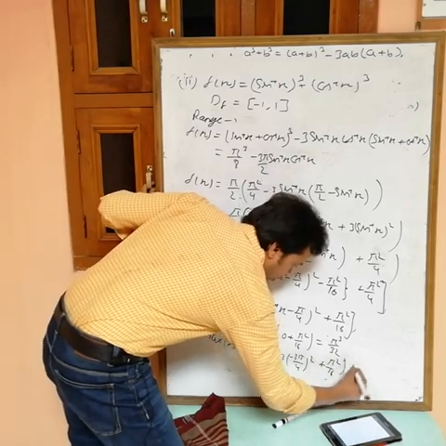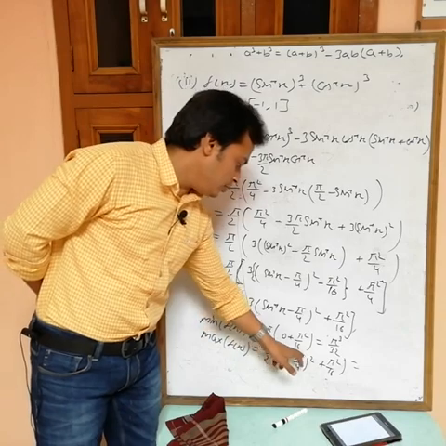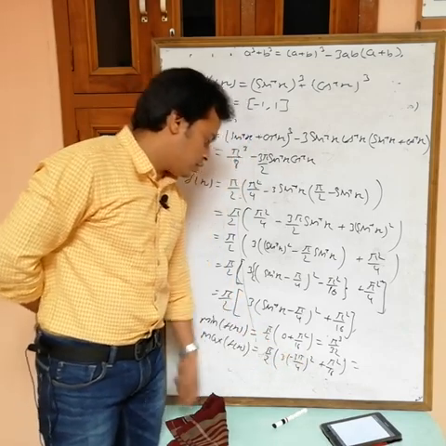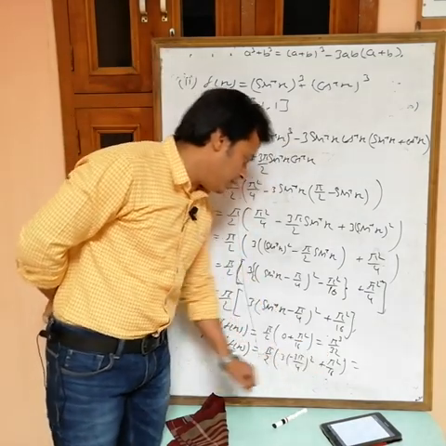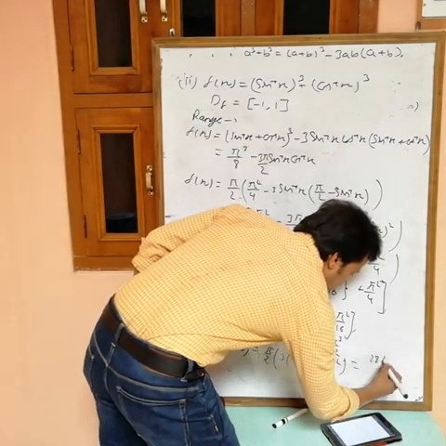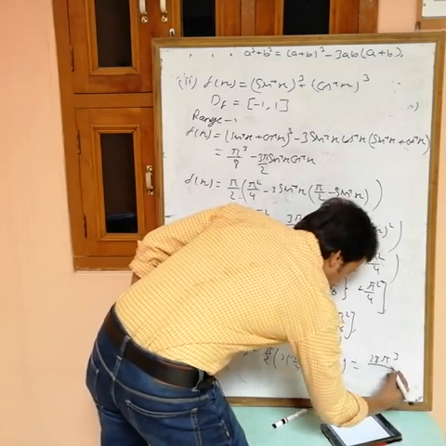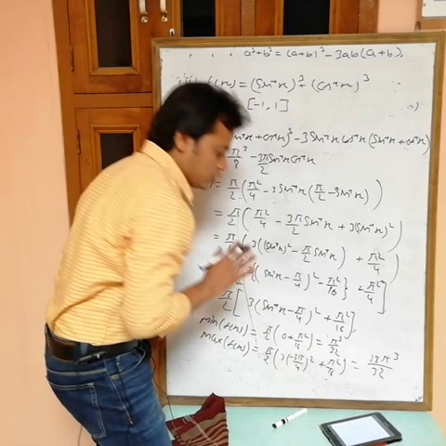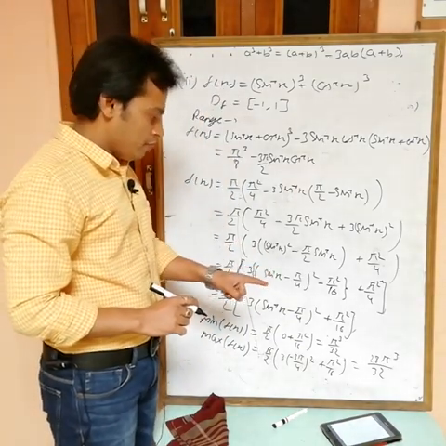Okay, if you solve this, what will you get? 9 pi square by 16, and 9 into 3 is 27, and plus 1 is 28. So you will get 28 pi square into pi, that is pi cube, over 16 into 2, 32. If you solve this one, you will get this. Okay, any problem? 28 pi cube by 32.